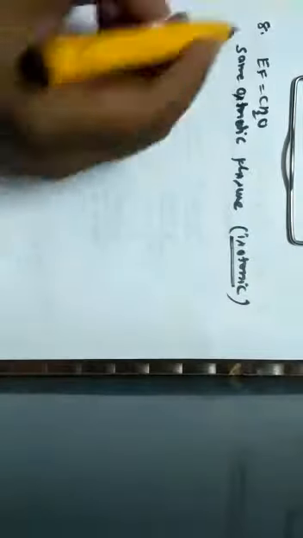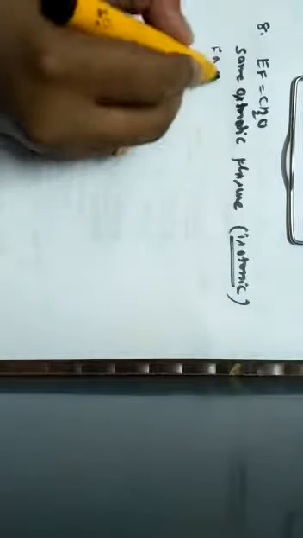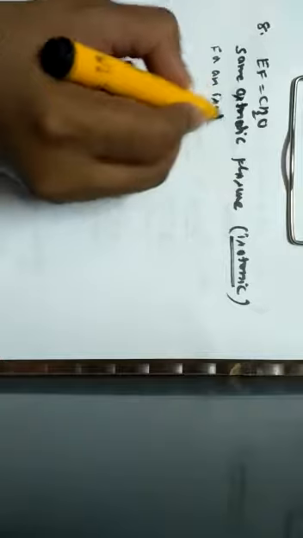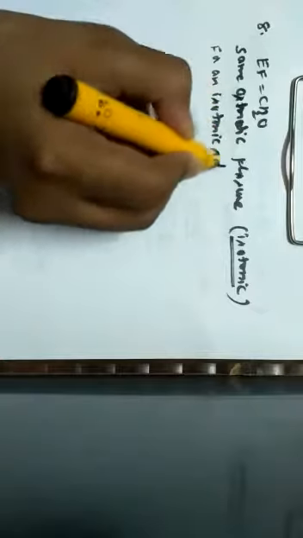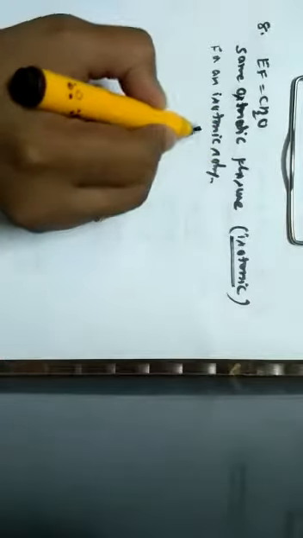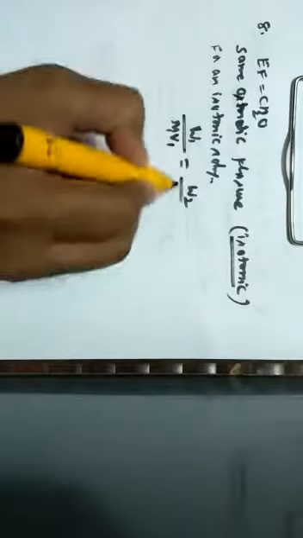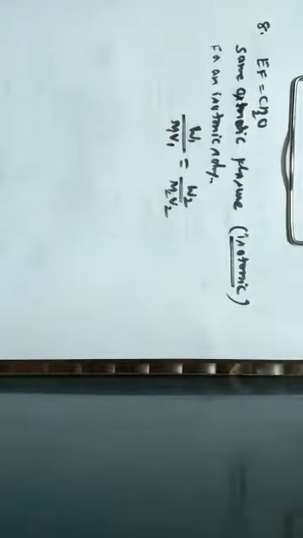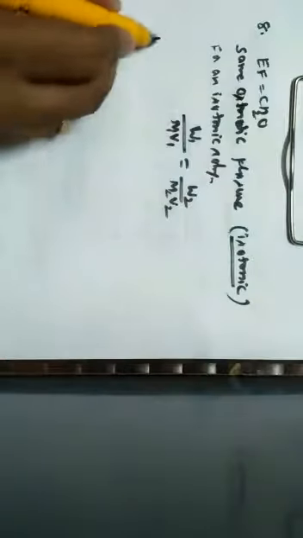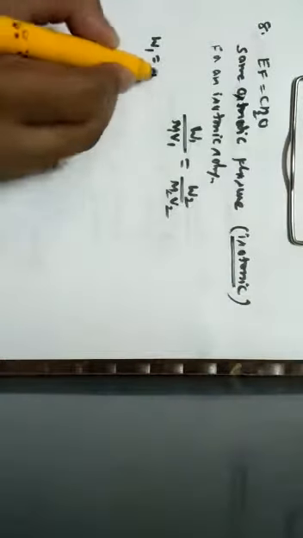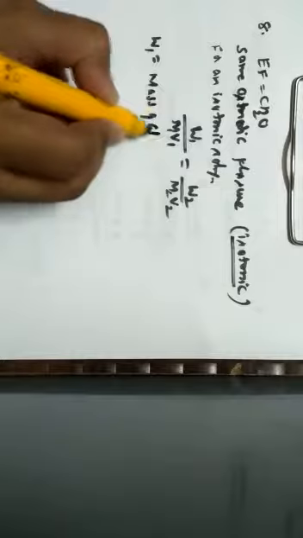So we know that for an isotonic solution, W1 divided by M1 V1 is equal to W2 divided by M2 V2. Here W1 is nothing but the mass of glucose.